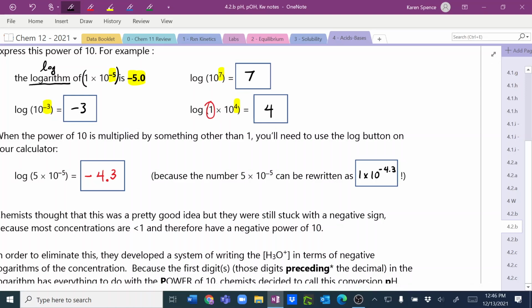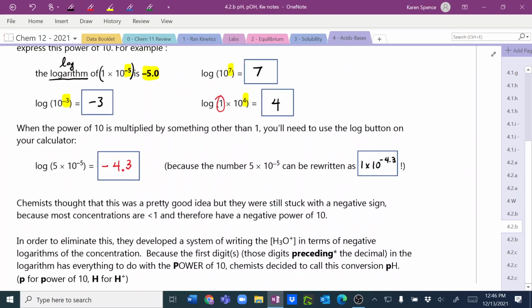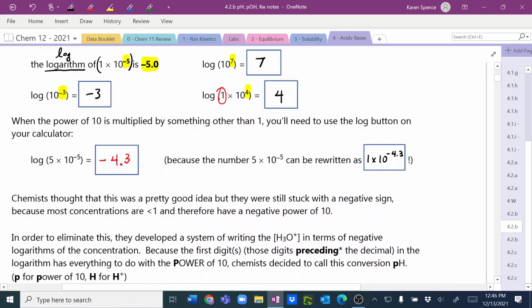Now the chemist said, hey, this is pretty good. I got rid of all the times 10 to the nonsense. But because concentrations tend to be very small, we're still stuck with all these negative signs, yes, because our powers of 10 generally are times 10 to the negative something.